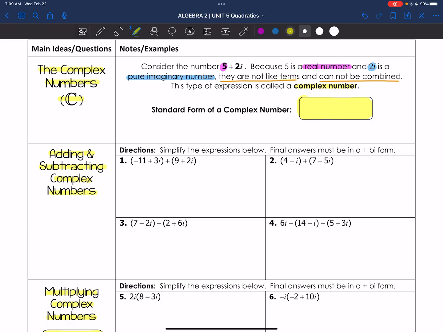A complex number, whenever it is written in standard form, will look like A, where A is the real part, and to that will be some value B times i, where that is called the imaginary part.